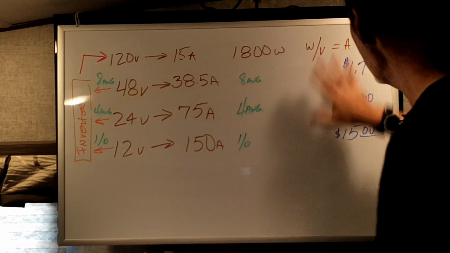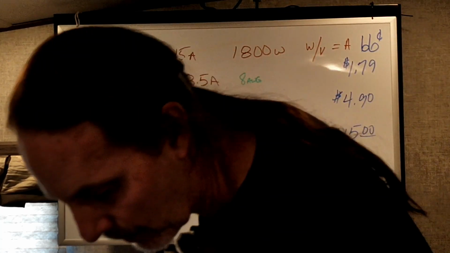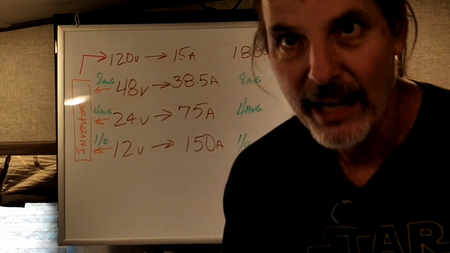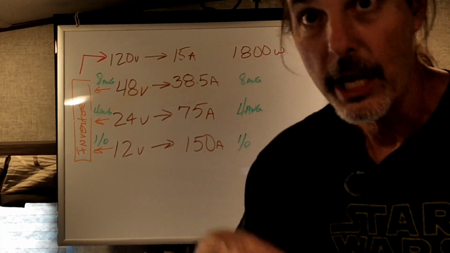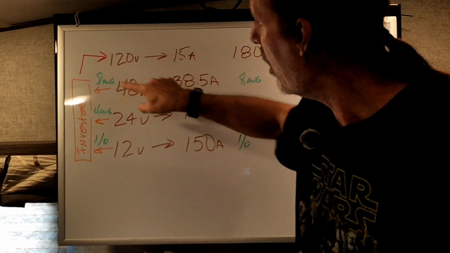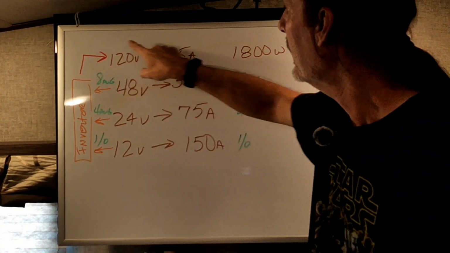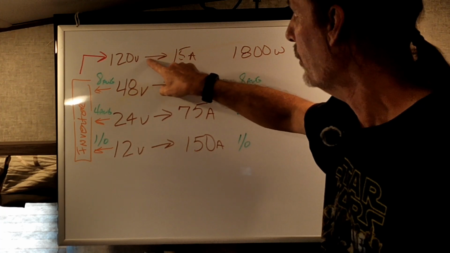Now, let's talk about the next phase of this. The next phase is going to be, what is the impact on the charge controller in order to charge your battery? Because we've talked about getting the power out of your battery and into the inverter and getting it up to the 120 outlet.